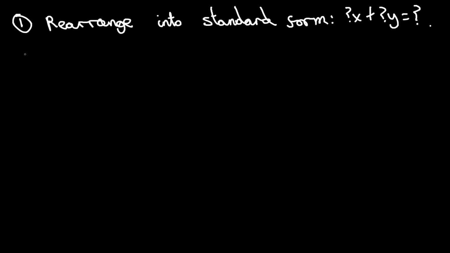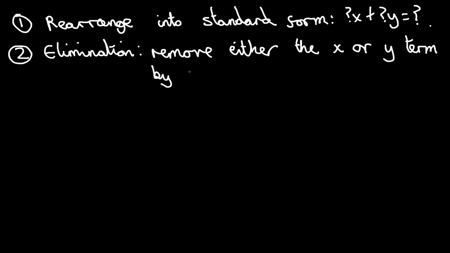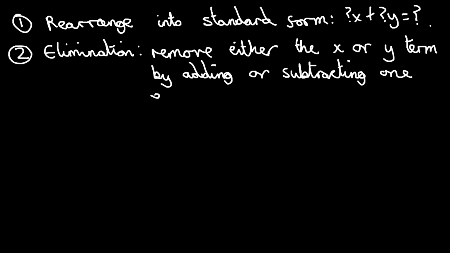So once we have it in this form, for the elimination method, we say that we need to remove either the x or y term by adding or subtracting one equation from the other.